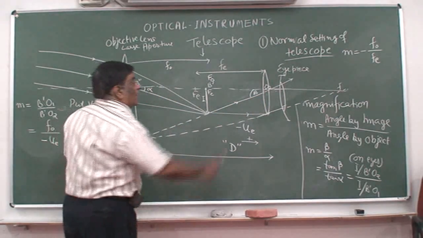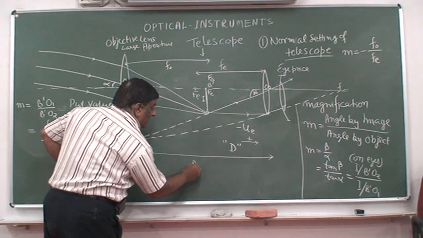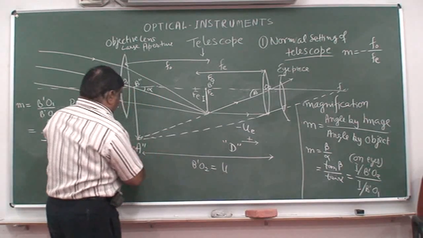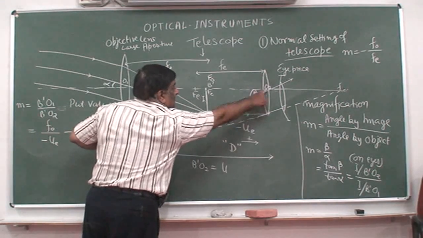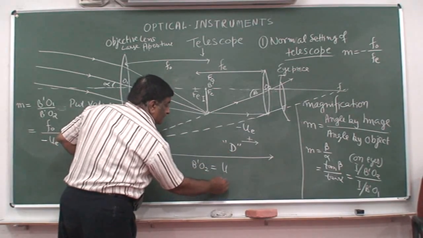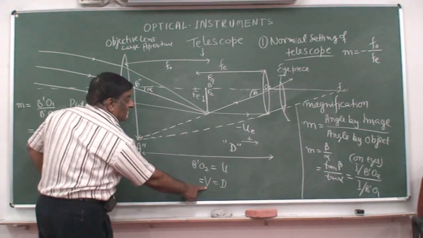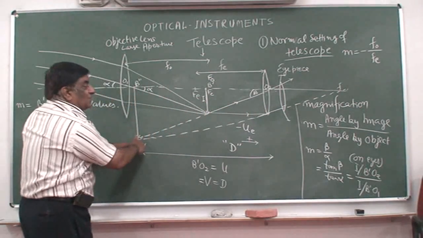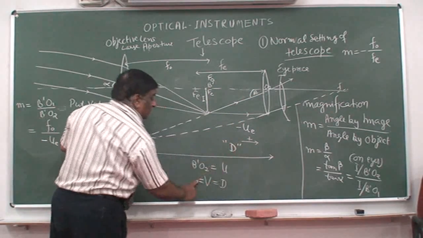This is the V. For this lens, B dash O2 is U. Then this distance, A double dash to O2, is the distance of image. This is the object for this lens, this is the image for this lens. So this is equal to U and this distance is equal to V.